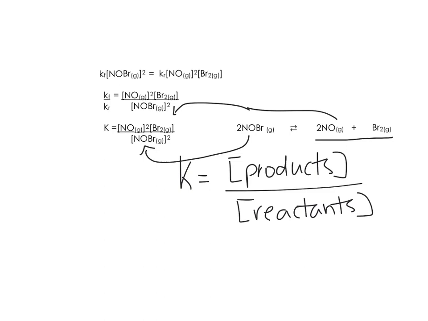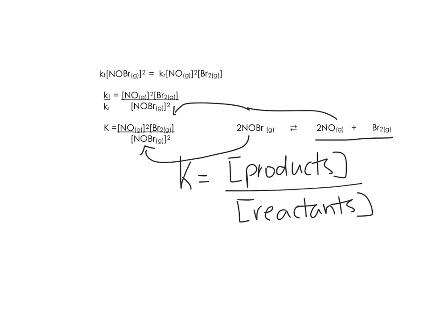So this allows us to take a look at the ratio of our products to our reactants, which is useful because it will actually tell us whether our equilibrium favors our products or favors our reactants, so whether or not it lies to the right, favoring products, or lies to the left, favoring reactants.